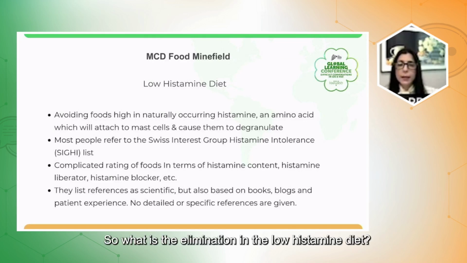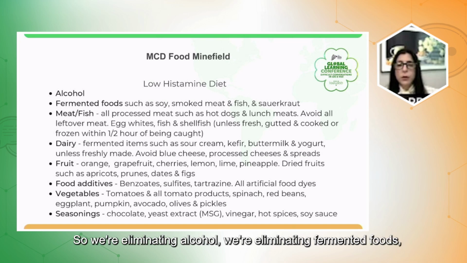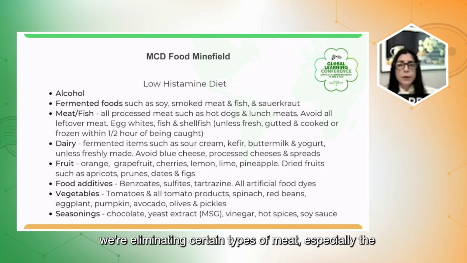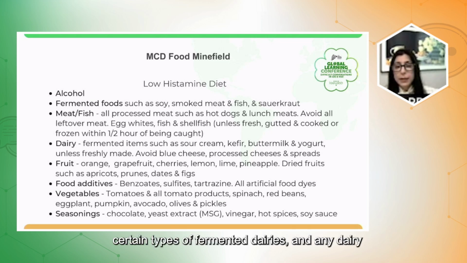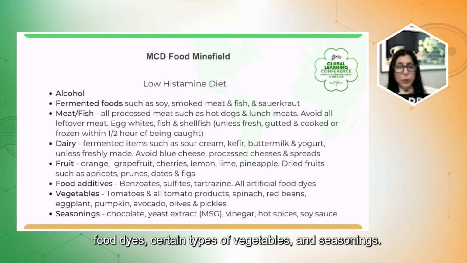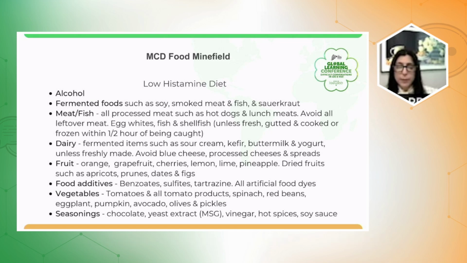So what is the elimination in the low histamine diet? So we're eliminating alcohol, we're eliminating fermented foods, we're eliminating certain types of meat, especially the processed meats, and then certain types of fish, certain types of fermented dairies, and any dairy that's been aged, certain fruits, food additives and food dyes, certain types of vegetables, and seasonings.